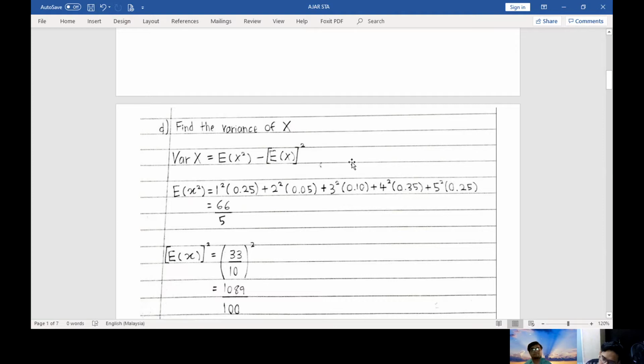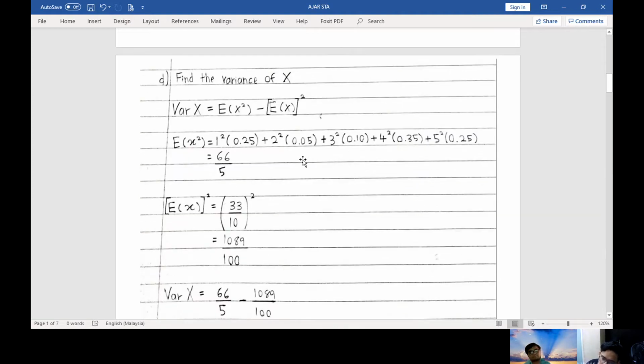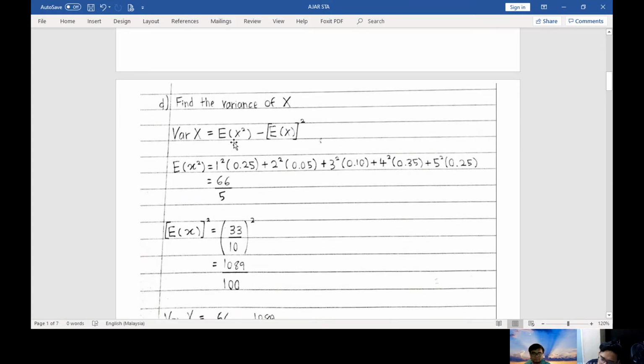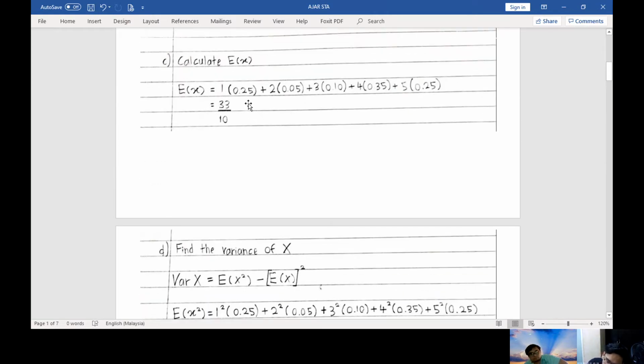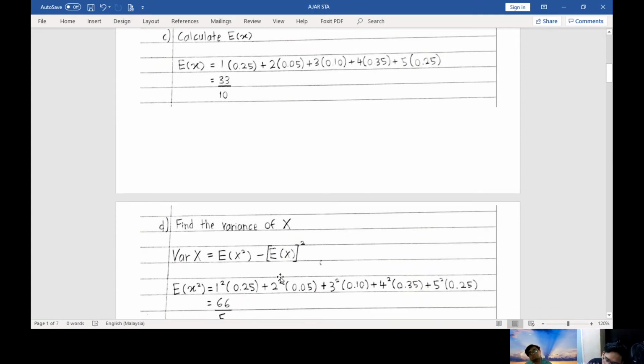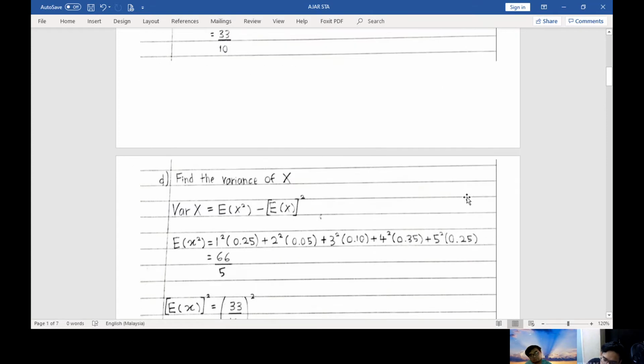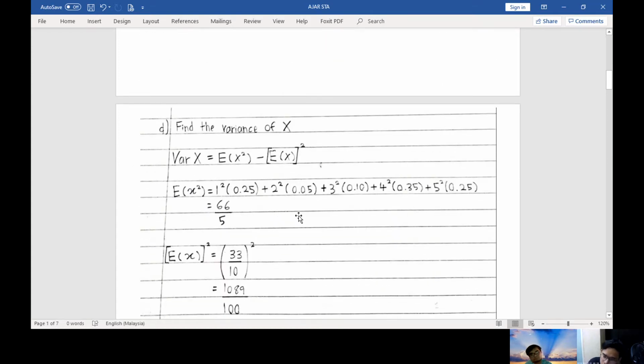So the mean squared. Yes. First let's find E(X squared). To find this, you just follow the main formula, but the difference is you square the x. So 1 squared, 2 squared, 3 squared, 4 and 5. Here we get 66/5.